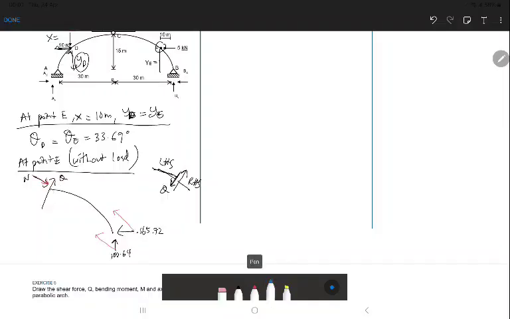Okay, alright, so q in this direction, so that here and here. Theta here, so that you get theta here and theta here. Okay, next.